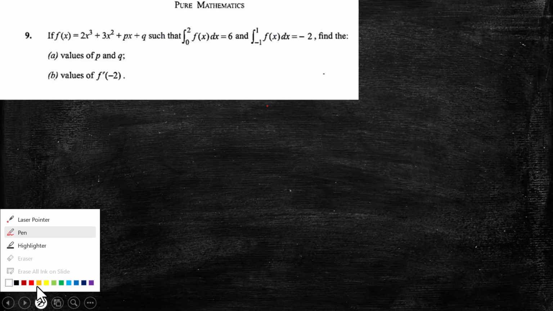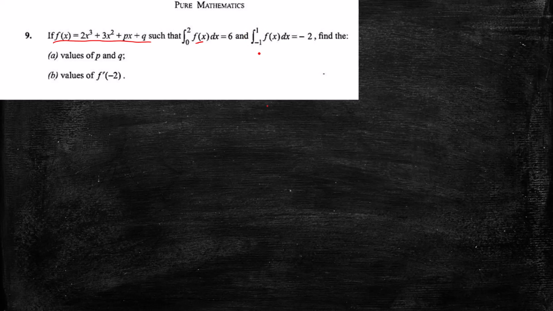All right, so we have f(x) as 2x cubed plus 3x squared plus px plus q, such that the definite integral from 0 to 2 of f(x) dx is equal to 6.